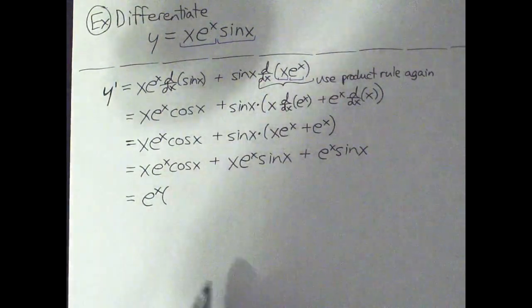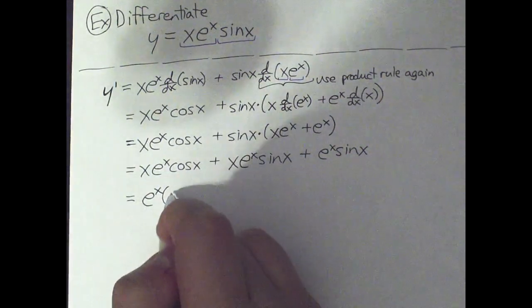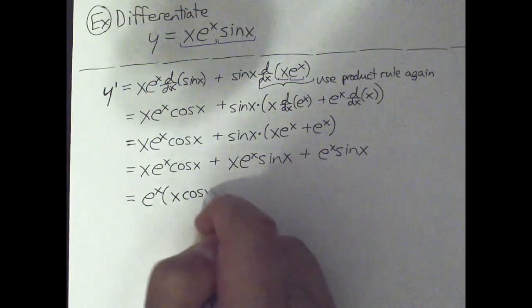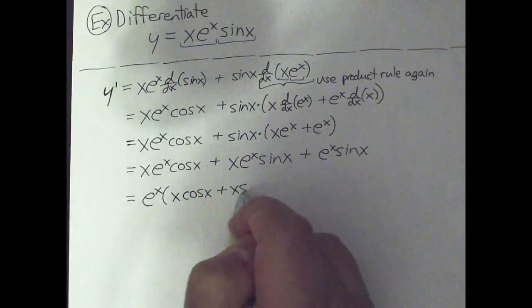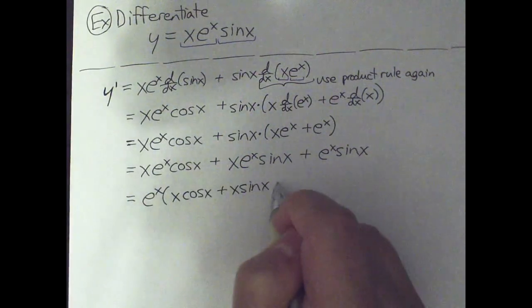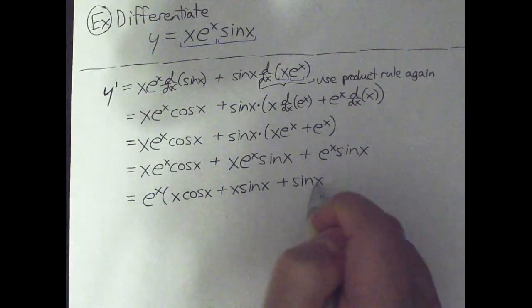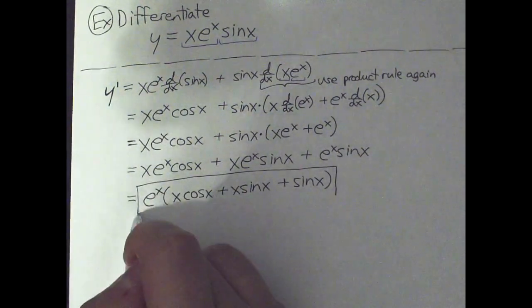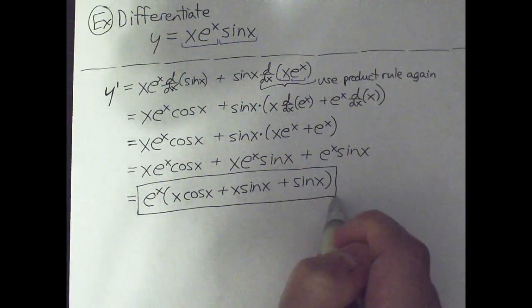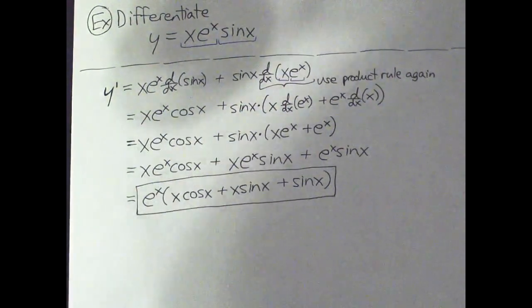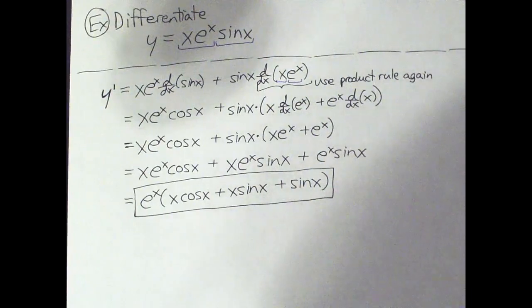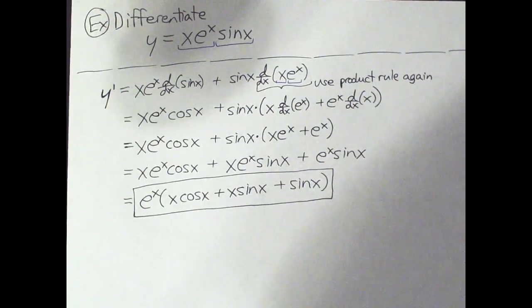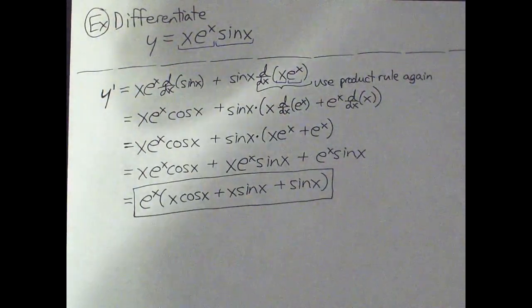E to the x pulled out of each piece leaves us with x cosine x plus x sine x plus sine x. And that's a good answer. So that's a big answer, right? But this problem was more complicated than most of the ones that we've seen because it had 3 functions instead of 2. So we had to use the product rule twice.